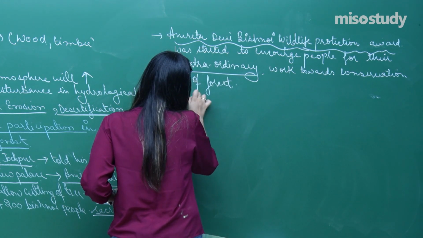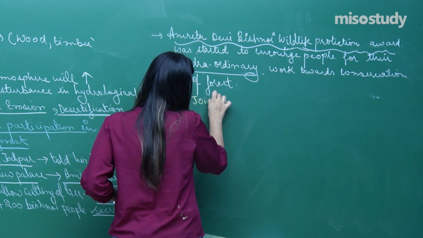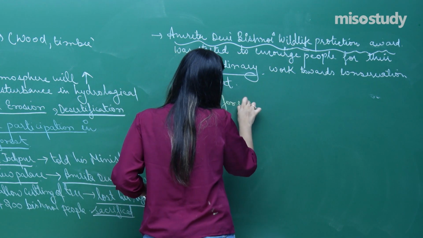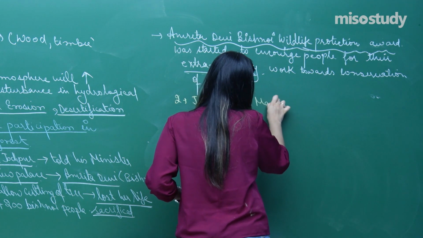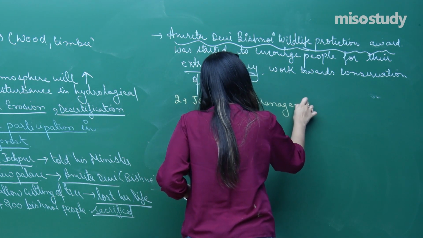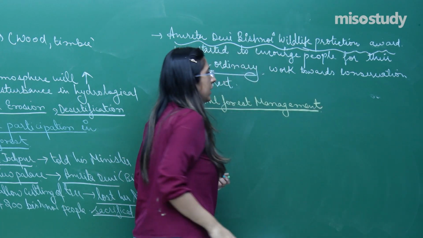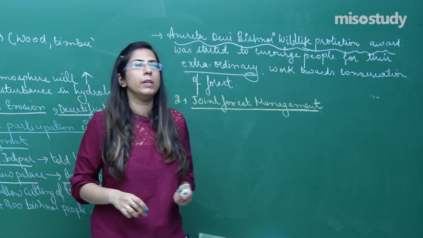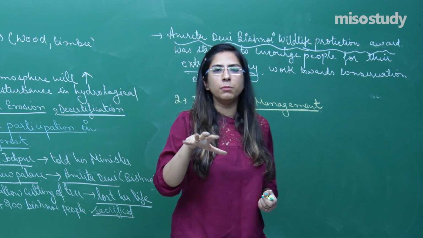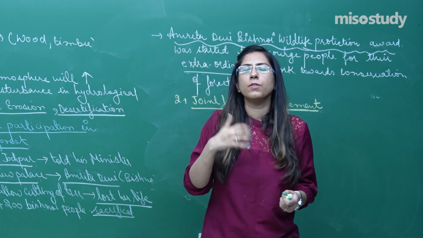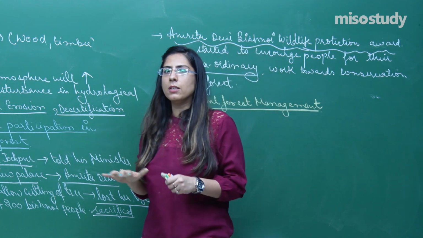Second was joint forest management, JFM. Joint forest management is started by the Government of India. In that respect, the government works with the local community to conserve their forest.